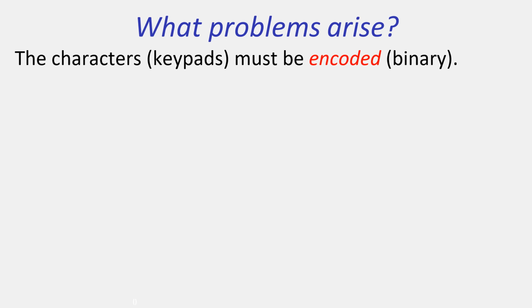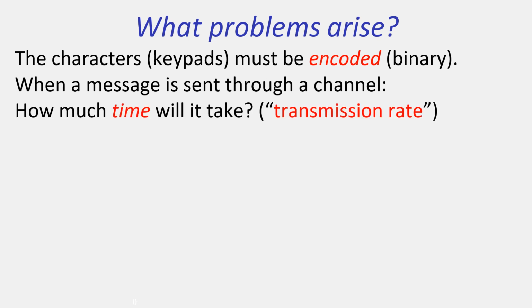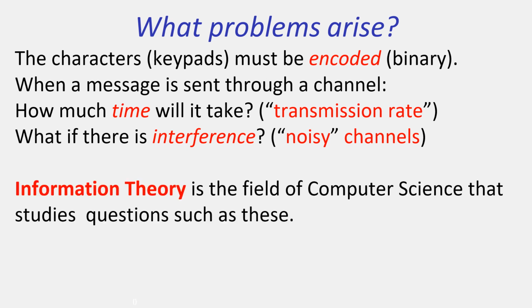So the first problem is that characters have to be encoded in binary. And when you send a message through a channel, how long is it going to take is one issue. What if there's interference, what are referred to as noisy channels? Information theory is the field of computer science that studies that type of question.